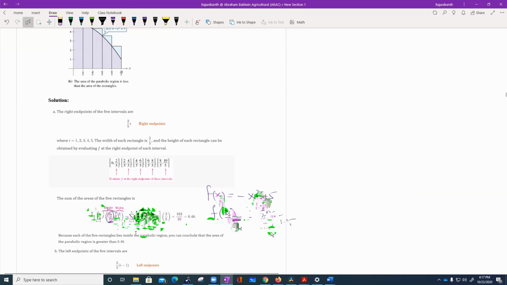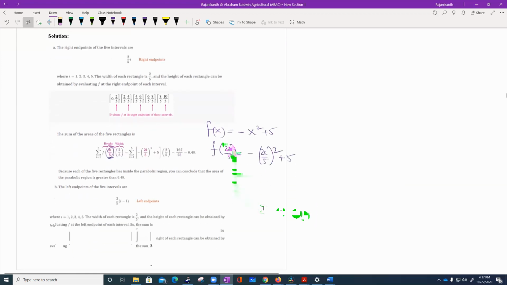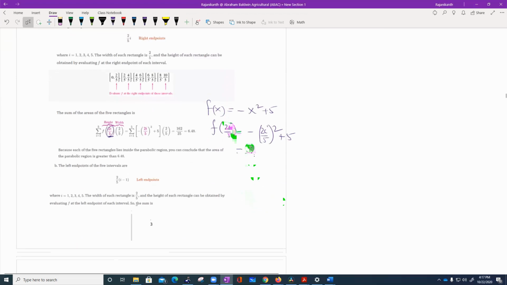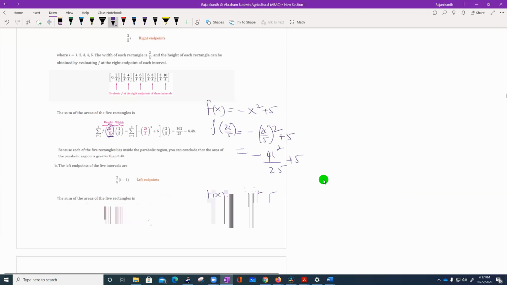Then use some algebra and simplify. How do you simplify? Square them. 2 squared is 4, i squared over 5 squared is 25, then plus 5, right? Could you simplify further? Let me write this down as my function value. Remember, your task is to find the summation i from 1 to 5, function evaluated at 2i over 5 times the interval width 2 over 5.